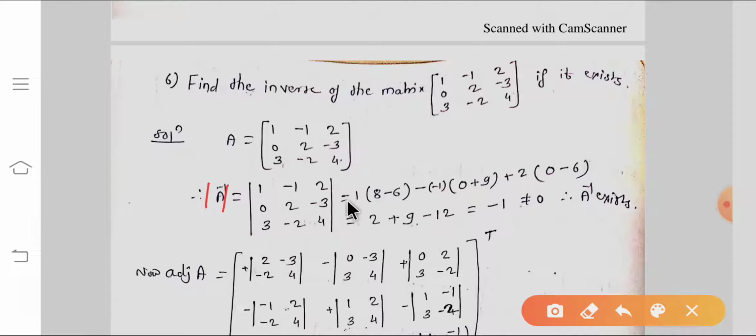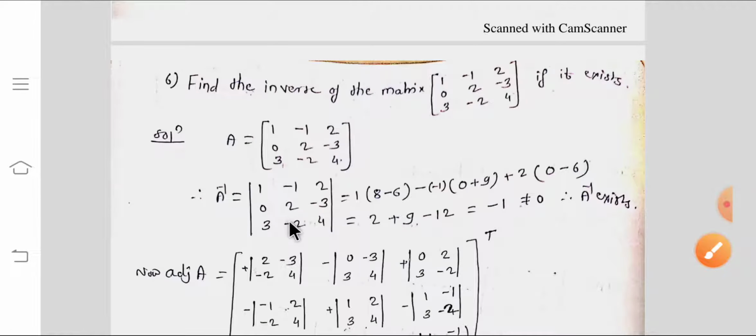We directly expand this one: 1 into bracket, that is 2 4s are 8, both the signs are negative here, so the middle sign comes negative, that is 2 3s are minus 6, minus minus 1 into bracket 0 into 4 minus 3 into minus 2, so 0 minus 3 3s, that sign is negative, means middle sign comes positive, plus 9, plus 2 into bracket 0 minus 6.